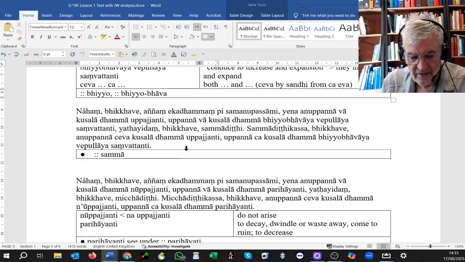Yathayidam bhikkhave sammaditthi, as this, O monks, right view.